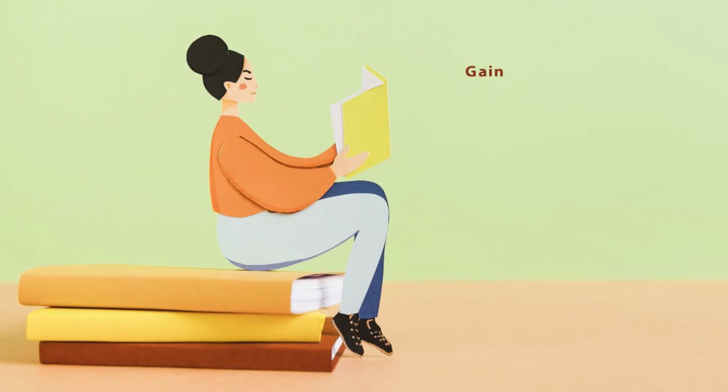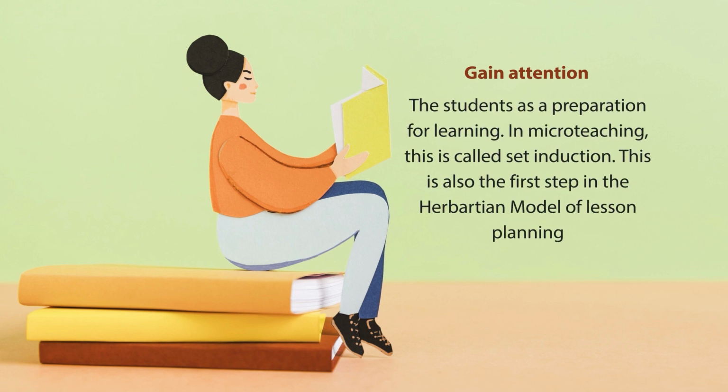As we said earlier, the whole emphasis has shifted from teaching to learning. So Gagne's 9 steps of instruction also ensure learning. The first is gain attention, where the students are prepared for learning, which is basically called an induction in common terms.